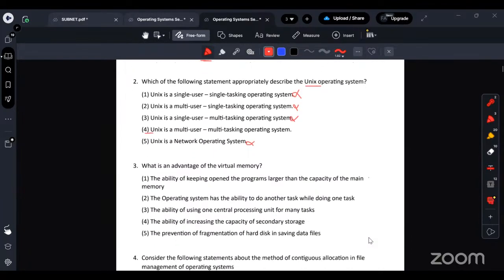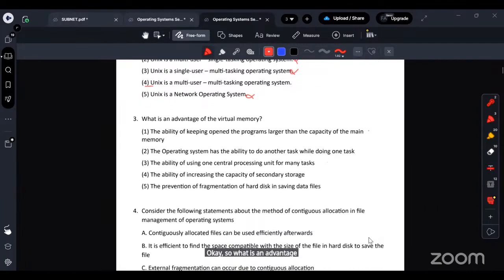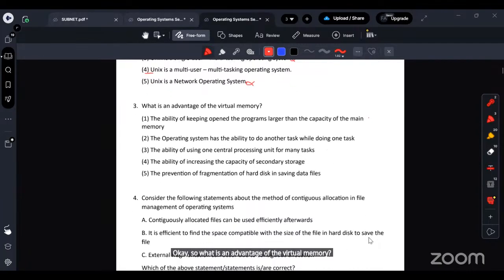Okay, so what is an advantage of the virtual memory? First of all, what is virtual memory? What is it?